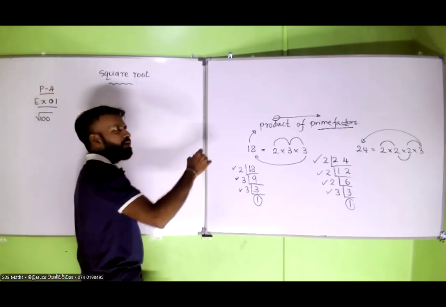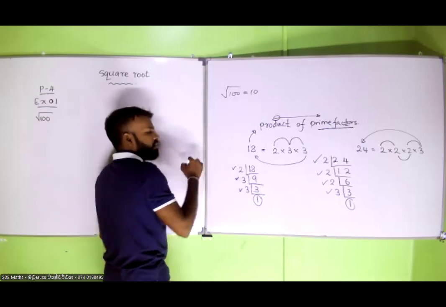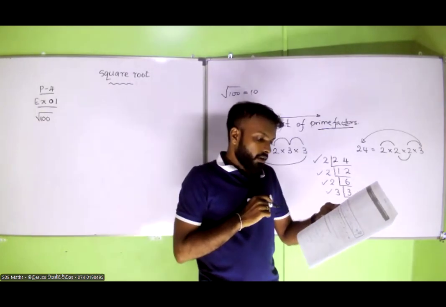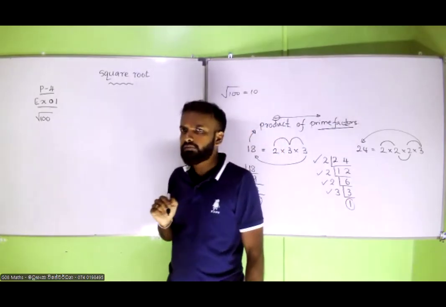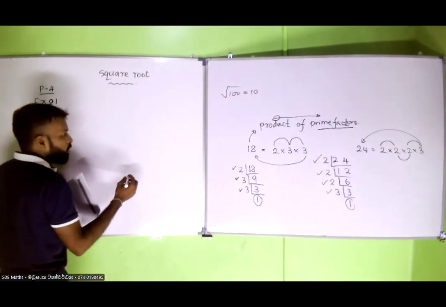You know the value of square root of 100 is 10, but they are asking you to find the value using prime factors. So here you have 100.